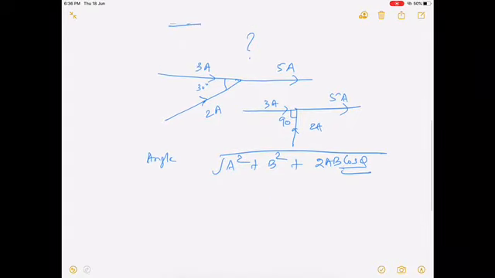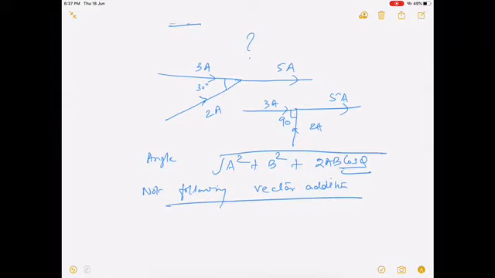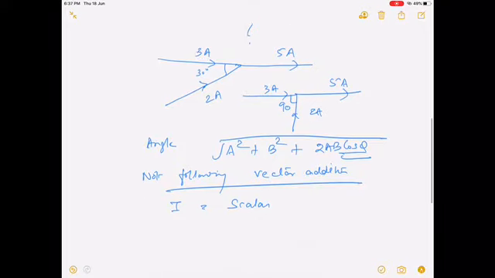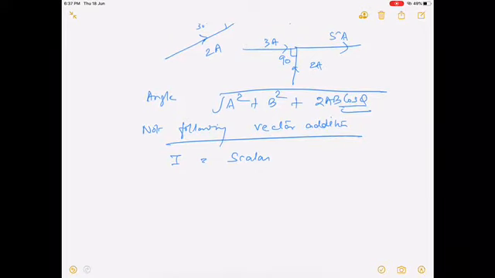Whereas in the case of current, it just gets added up. It is not following the rules of vector addition. Therefore, we can say that current I is not a vector quantity but a scalar quantity. I think this much is clear to you.